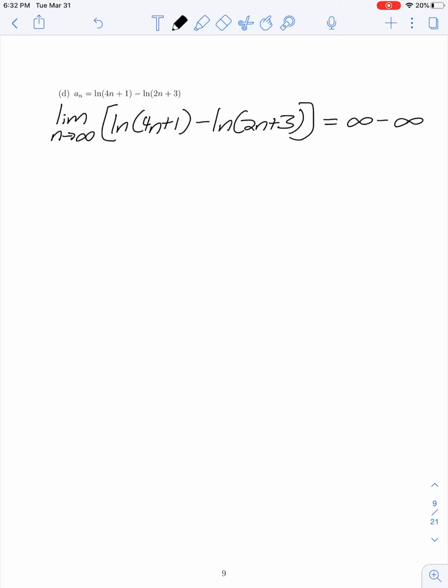If we evaluate the limit of each logarithm individually, both of these logarithms diverge towards infinity. So we get something of the form infinity minus infinity, which is, again, an indeterminate form for our limits. So we need to rewrite the general term for a sub n in order to evaluate this limit. And we notice that this general term involves the difference of two logarithms involving the same base. They're both the natural logarithm.